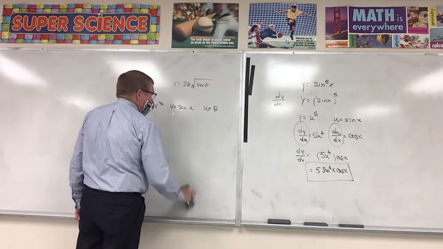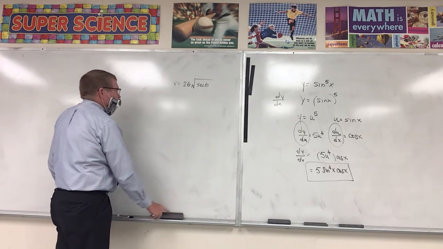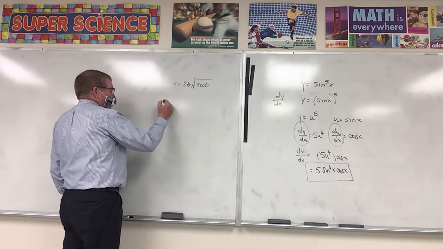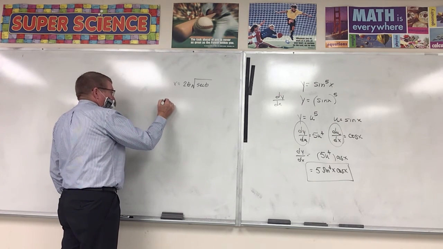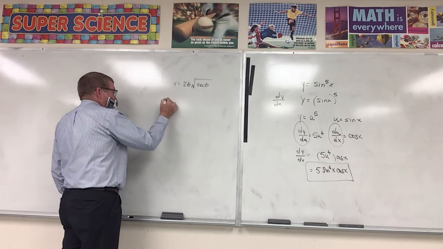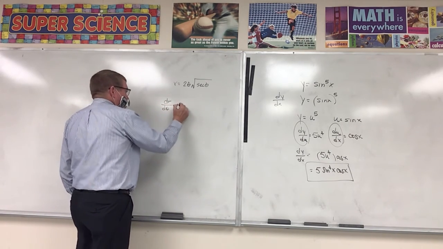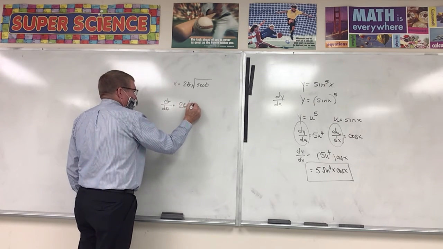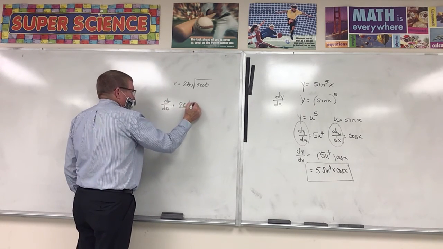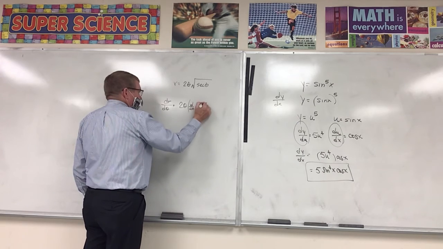Alright, so let's go back and use the product rule here first. Let's go dr over d theta equals 2 theta times d over d theta of square root of secant.